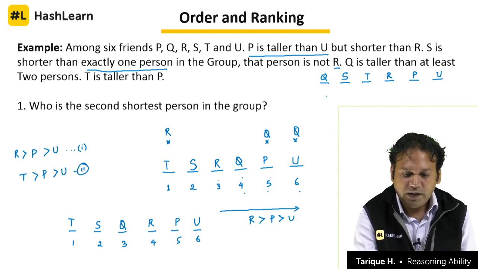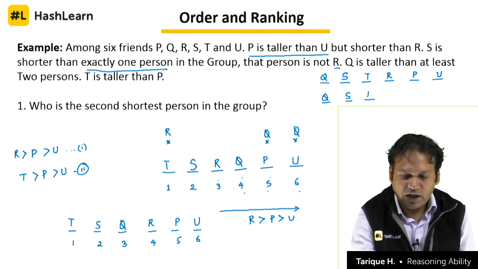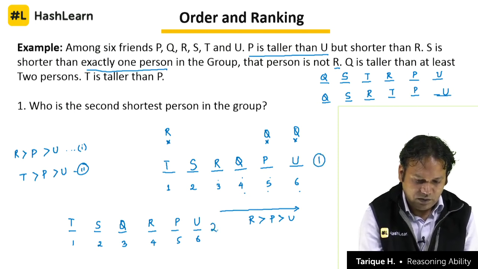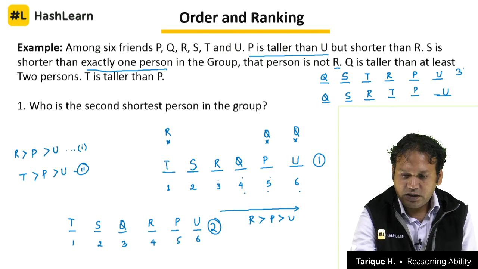You can also say this is Q, this is S. T is taller than P, so we can put R here, T here, P here and U here. So we are getting a total of 4 different scenarios.